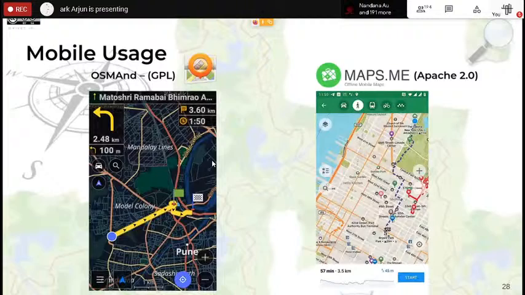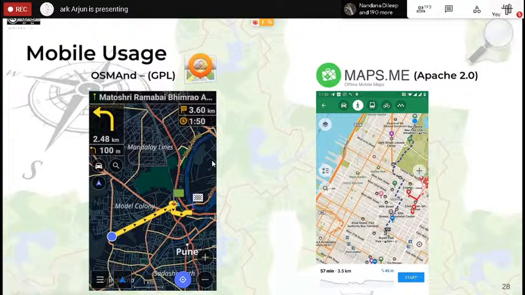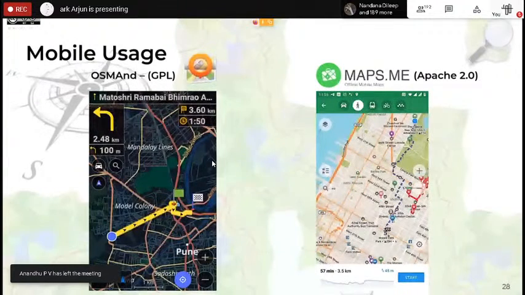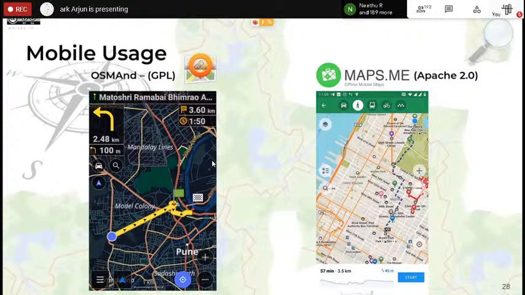You can download it from the Play Store or from F-Droid. You can even download areas and keep them for offline purposes, and navigate in those areas without data. There is another app under the Apache 2 license, maps.me, which also serves the same purpose.